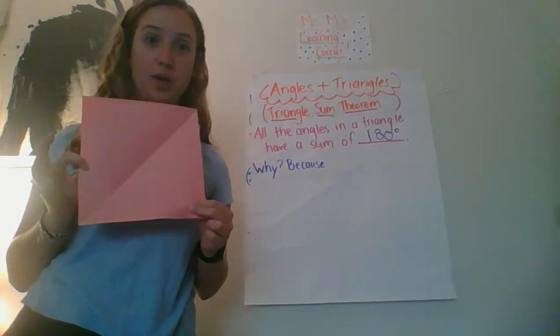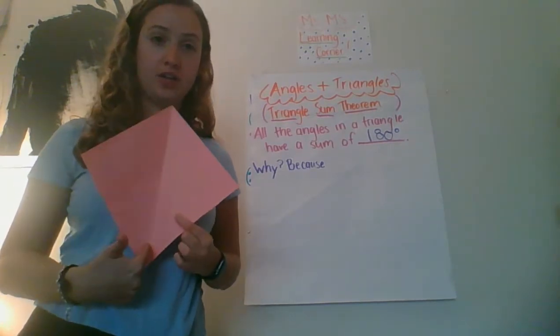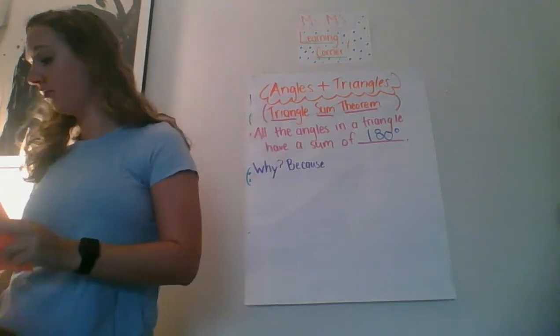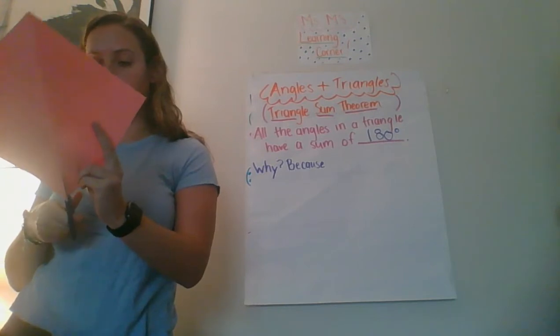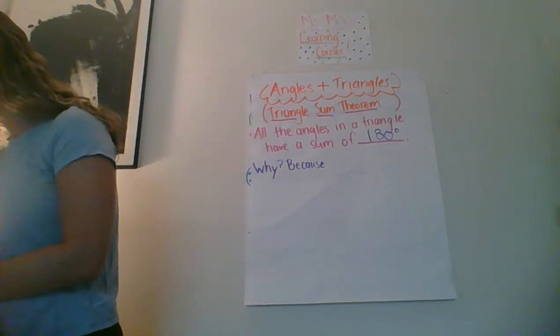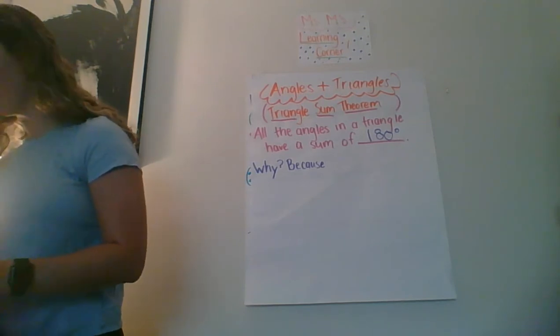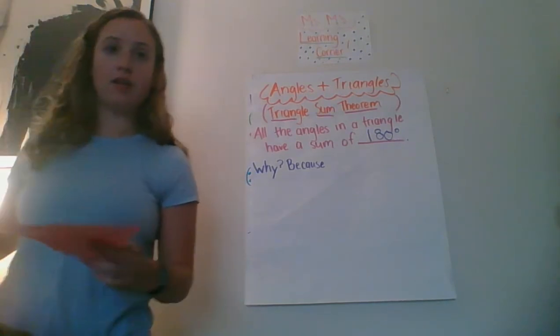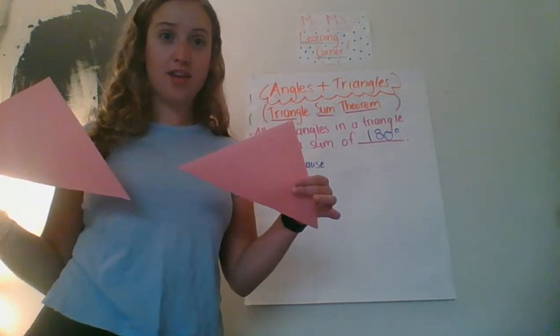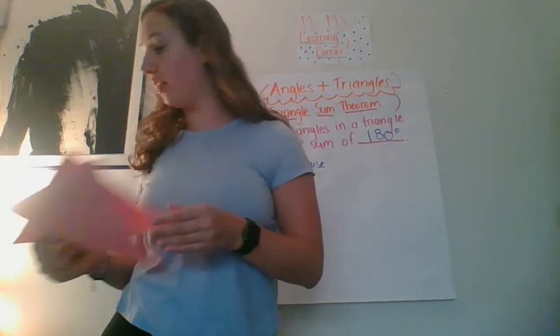Once you have your square, I want you to cut straight down the middle so that you have two different triangles. Once you have your two different triangles, I want you to label them just like this.